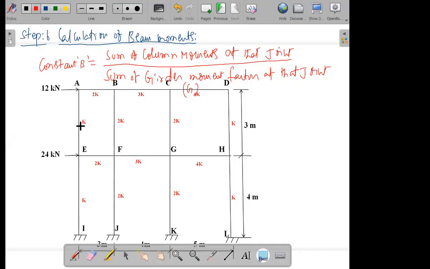Yes, so this is the figure. Now here, the sum of column moments at that joint divided by the sum of gutter moment factors at that joint. See here.